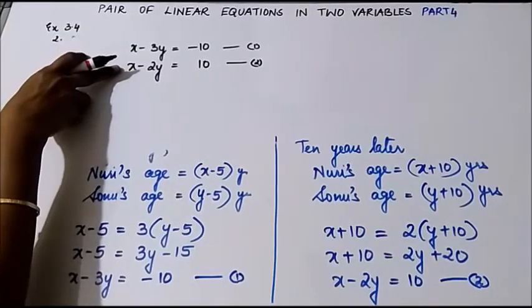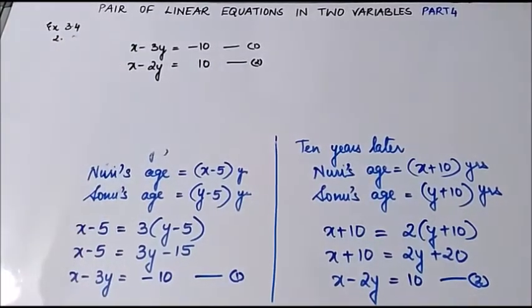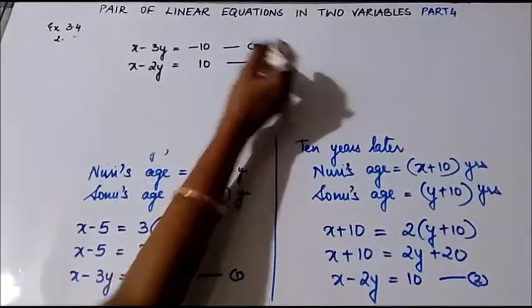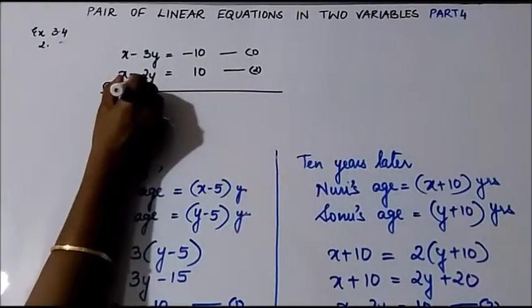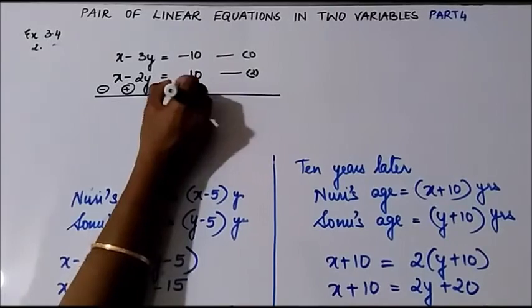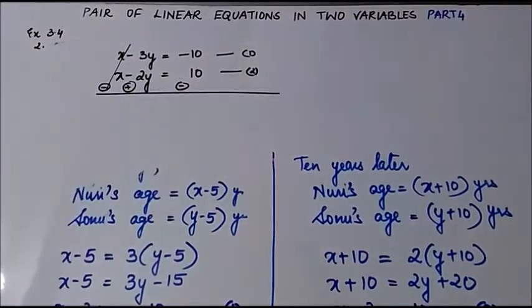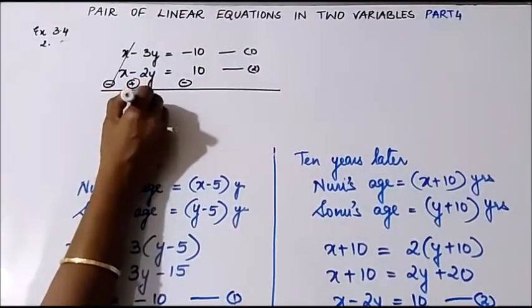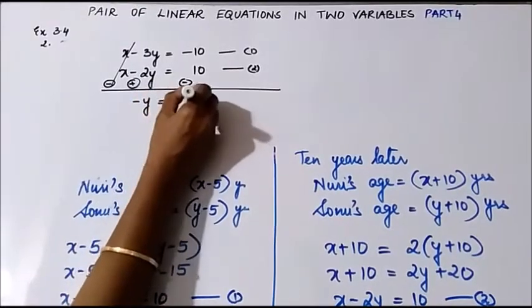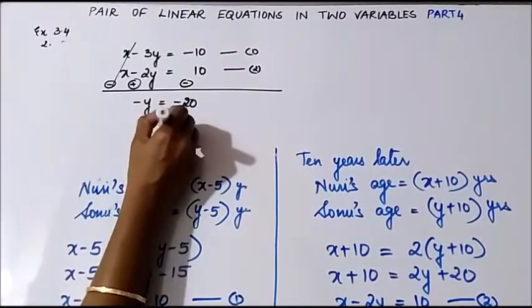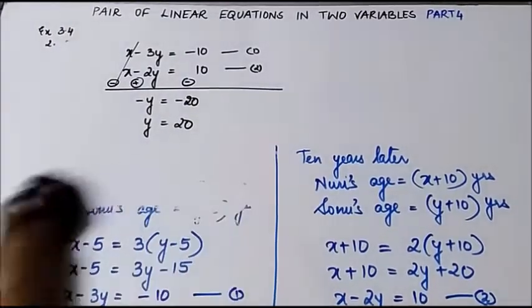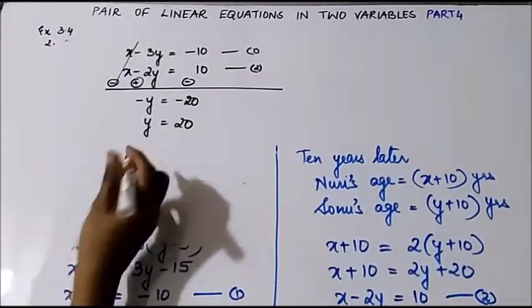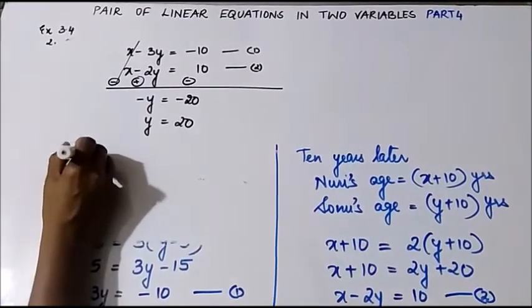Both the signs are plus, therefore we have to subtract the equations, that is equation 1 minus equation 2. So it becomes minus, plus and a minus. The x terms are eliminated. Here you will get minus y is equal to minus 20. Therefore y is equal to 20. Now you substitute y is equal to 20 in any one of the equations. What we get, let us substitute.